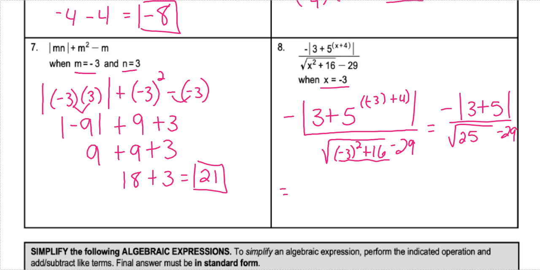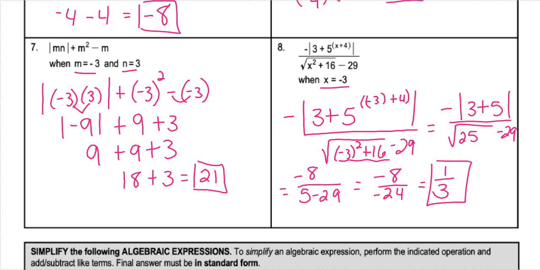So when we evaluate there, we have negative, and then the absolute value of 8 would just be 8. So we've got -8 over square root of 25 is 5 minus 29. That's going to give me -8 over -24, which reduces to 1/3 as a final answer there.